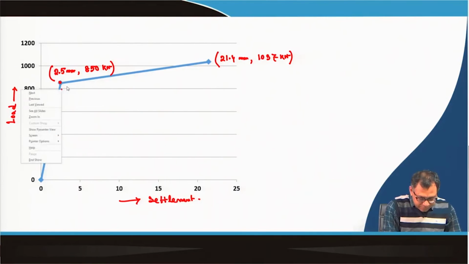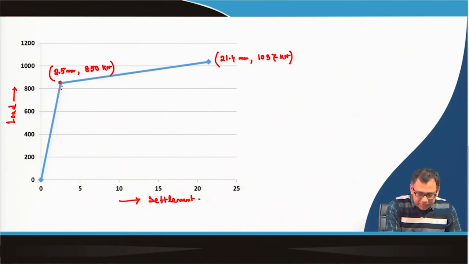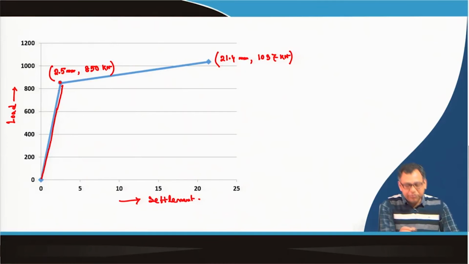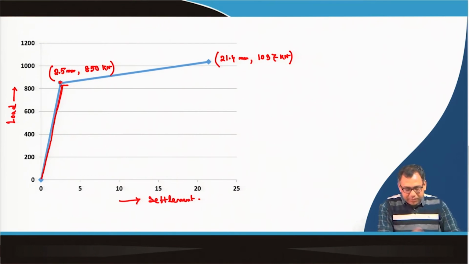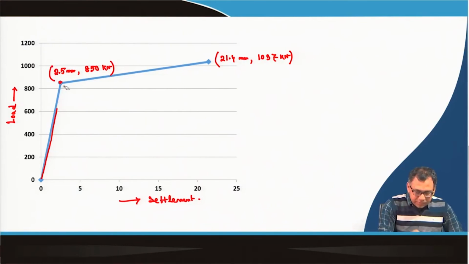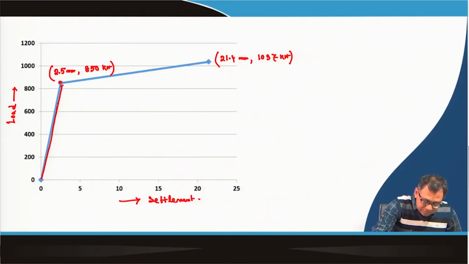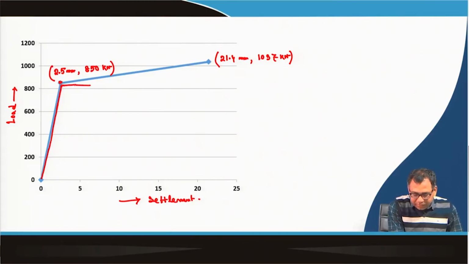So, 825 is the value. Okay. So, I can draw this curve, because there is only slight extra value due to the tip resistance, and this is also 2.5. This curve is also 2.5. Okay. So, I should draw like this. Okay. And then it will be parallel to x axis.